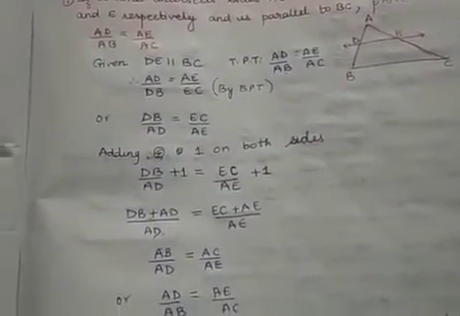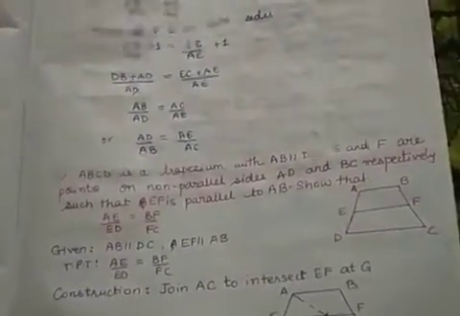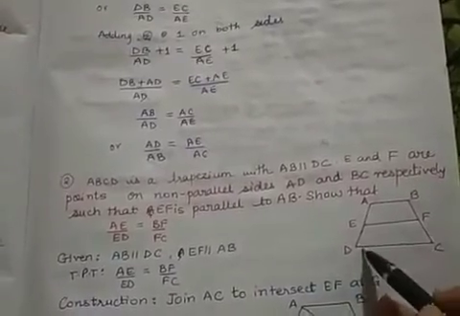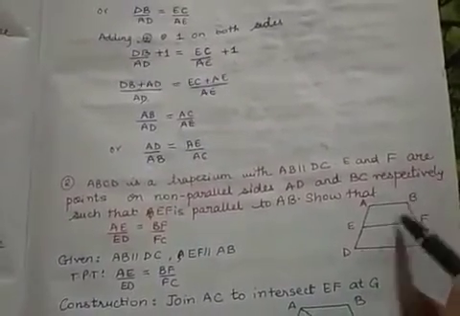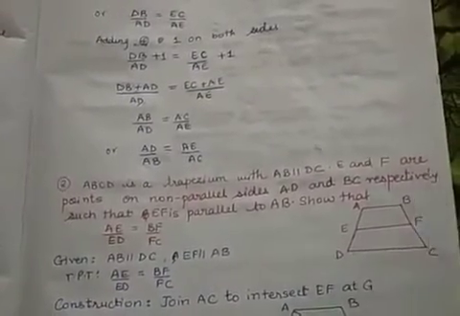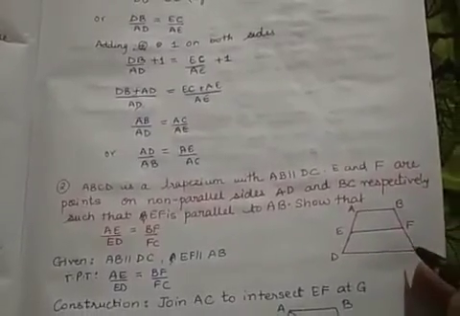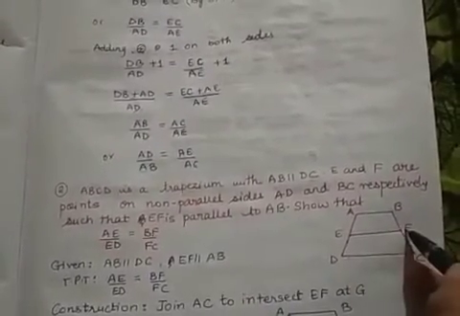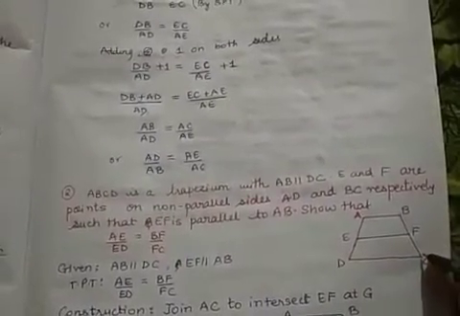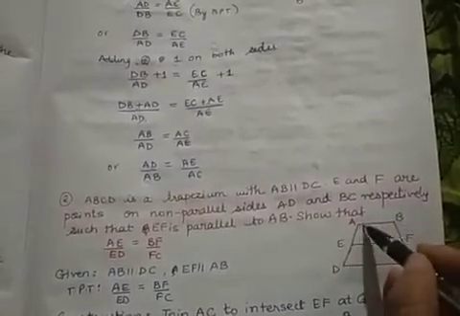Now let us take the second example. ABCD is a trapezium with AB parallel to DC. E and F are points on the non-parallel sides AD and BC respectively, such that EF is parallel to AB.